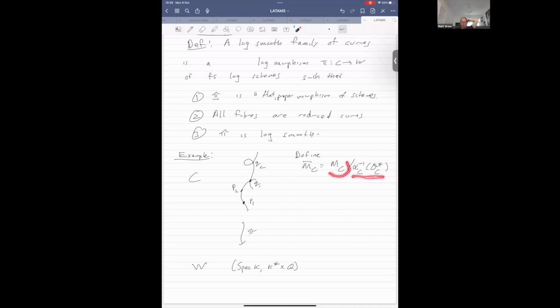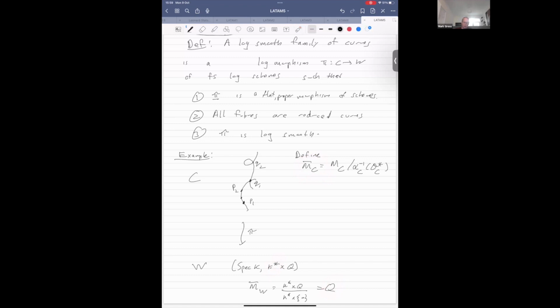Remember, this is a subsheaf of this by assumption in the definition of log scheme. And this is residual combinatorial data. So if I look down here, for example, M bar W would be K star plus Q modulo K star cross 0, and that would just be a copy of the monoid Q. So this sheaf captures some of the combinatorial information and throws out the continuous information.